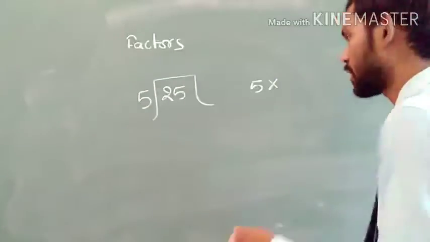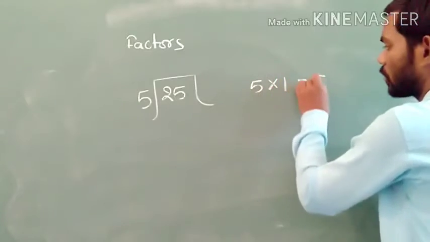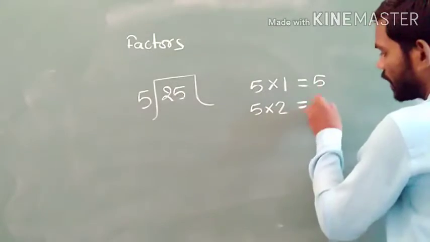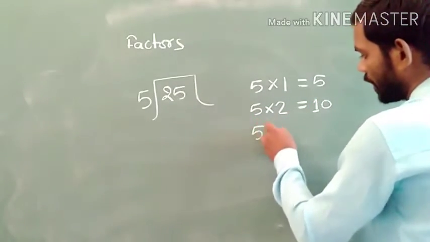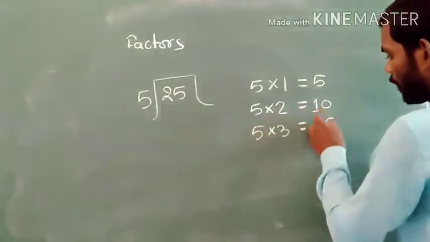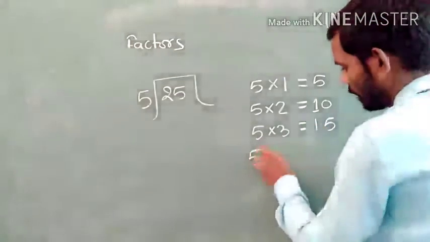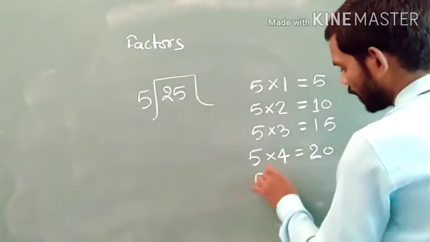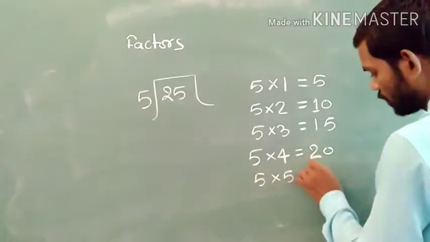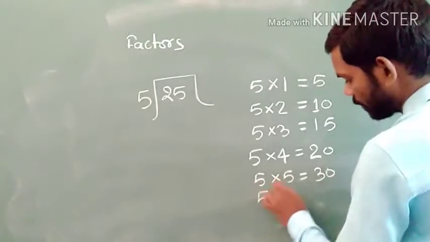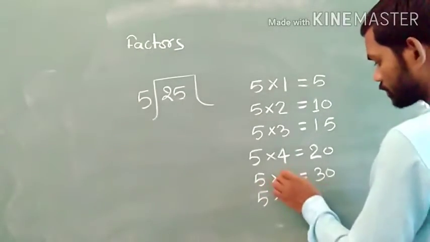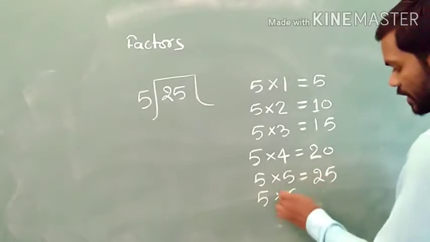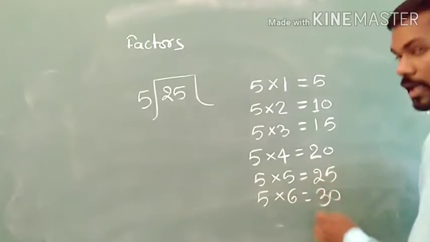If I write the table of 5, then 5 multiplied by 1 is equal to 5, 5 multiplied by 2 is equal to 10, 5 multiplied by 3 is equal to 15, 5 multiplied by 4 is equal to 20, 5 multiplied by 5 is equal to 25, 5 multiplied by 6 is equal to 30, and so on.